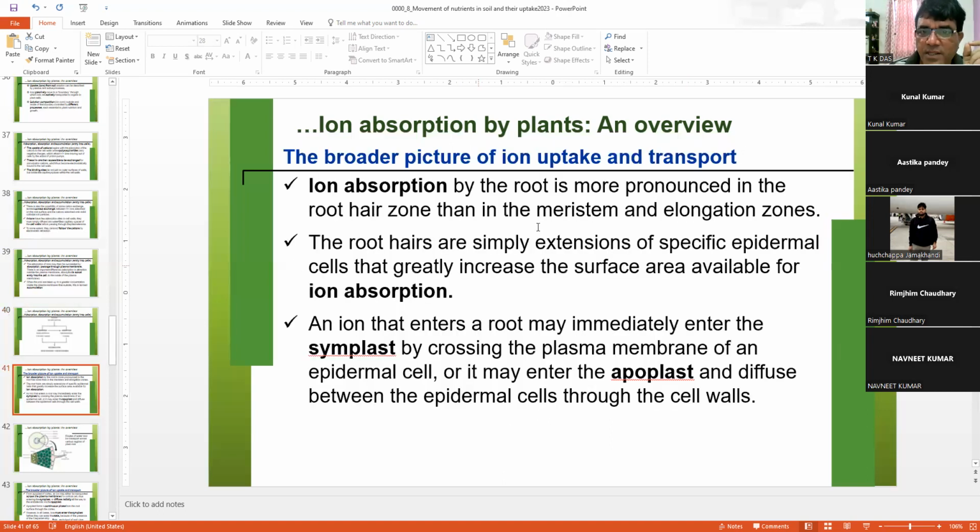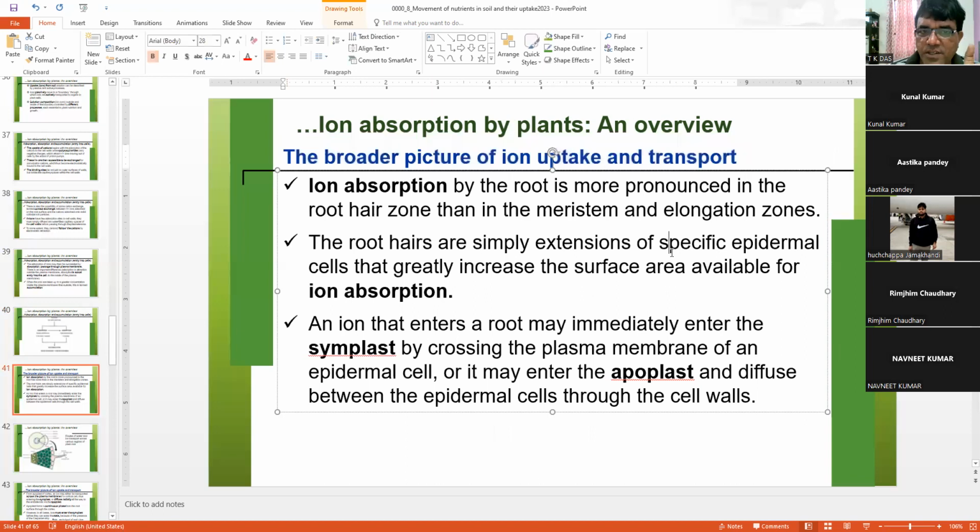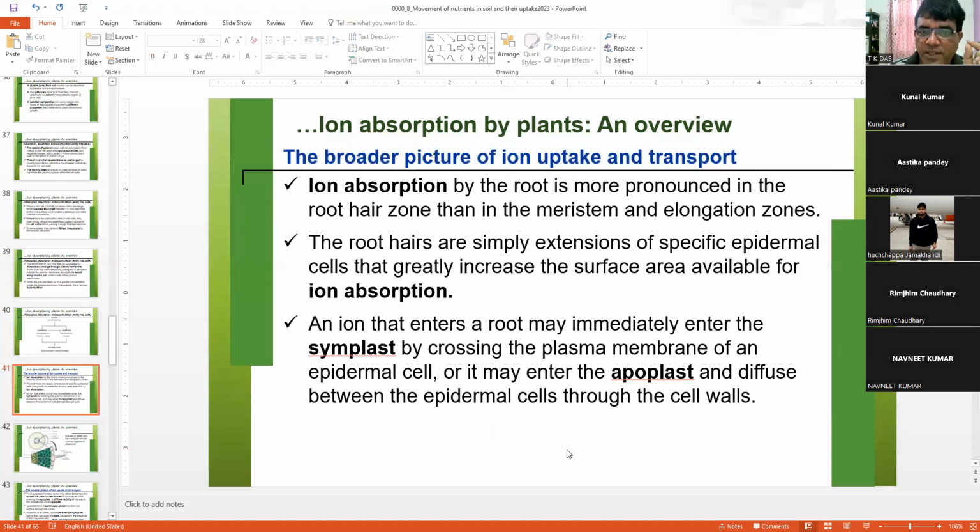Ion absorption by the root is the broader picture of ion uptake and transport. Now you see some more broader picture of ion uptake and transport. Ion absorption by the root is more pronounced in the root hair zone than in the meristem and elongation zones.